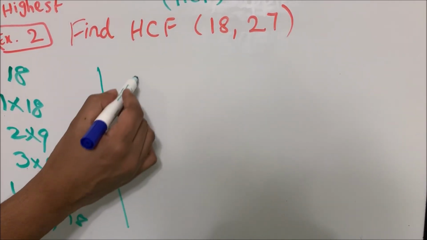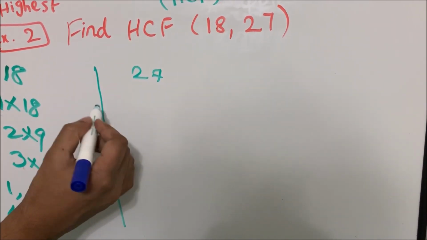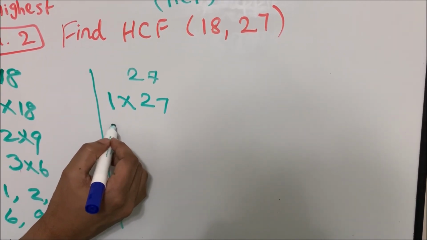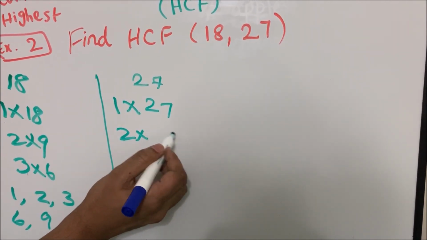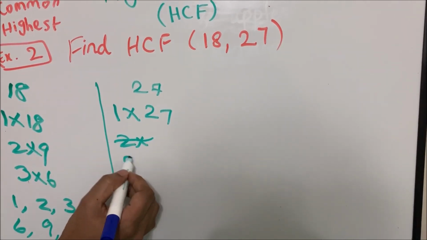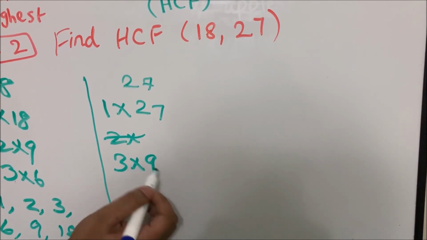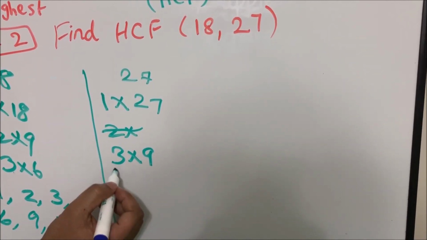Coming to 27, 1 into 27, 2 doesn't have anything, then 3 into 9 gives 27, and then that's all.